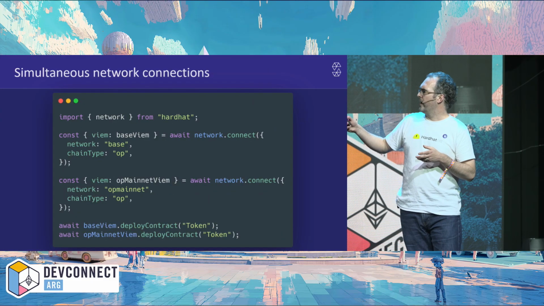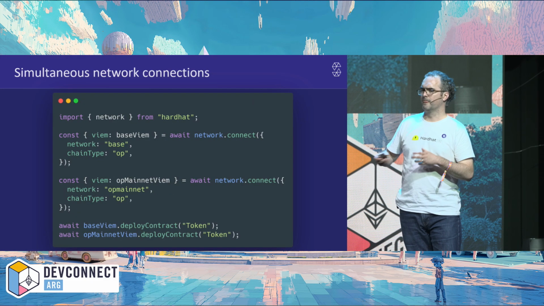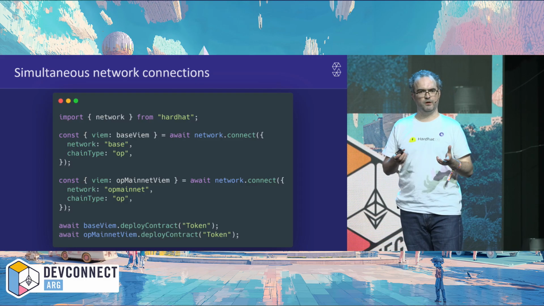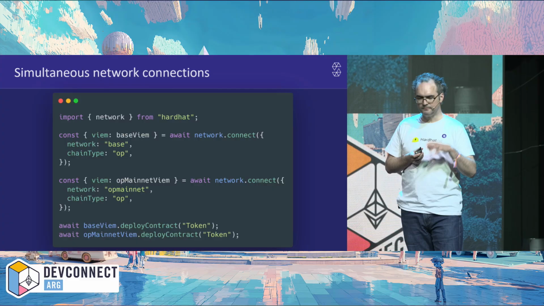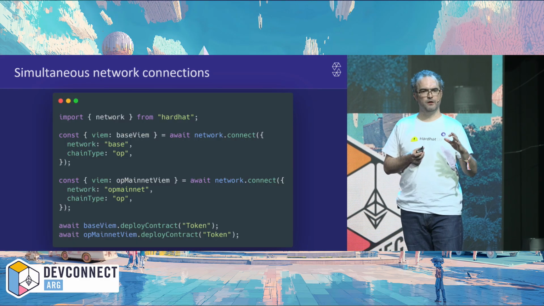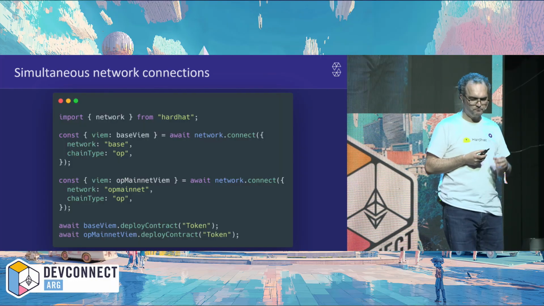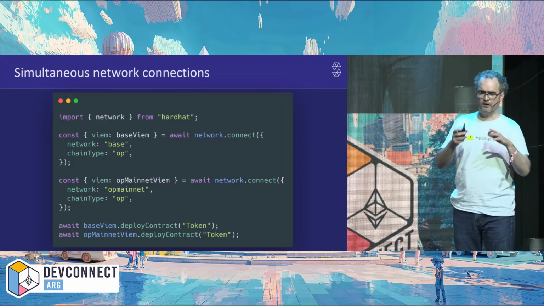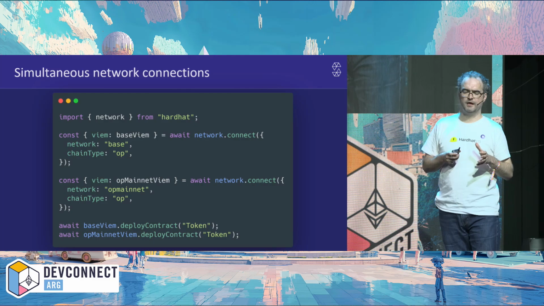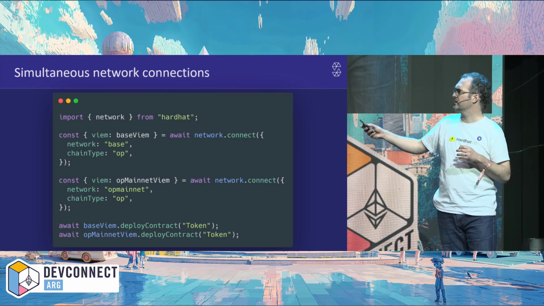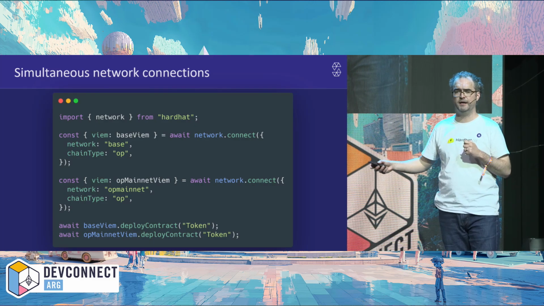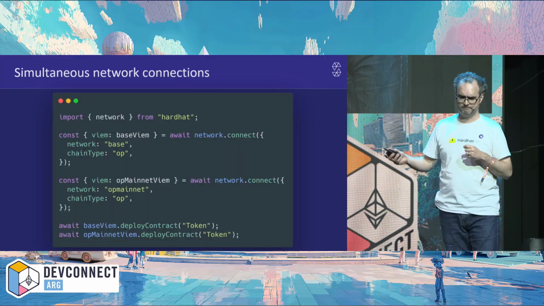A world where we have multiple networks is also one in which you're going to need to connect to multiple networks in some scenarios. In Hardhat 2, you were only able to create one network connection at a time per process. There were hacks and workarounds, but in Hardhat 3, because the network connection API is explicit, you can have as many connections as you need.